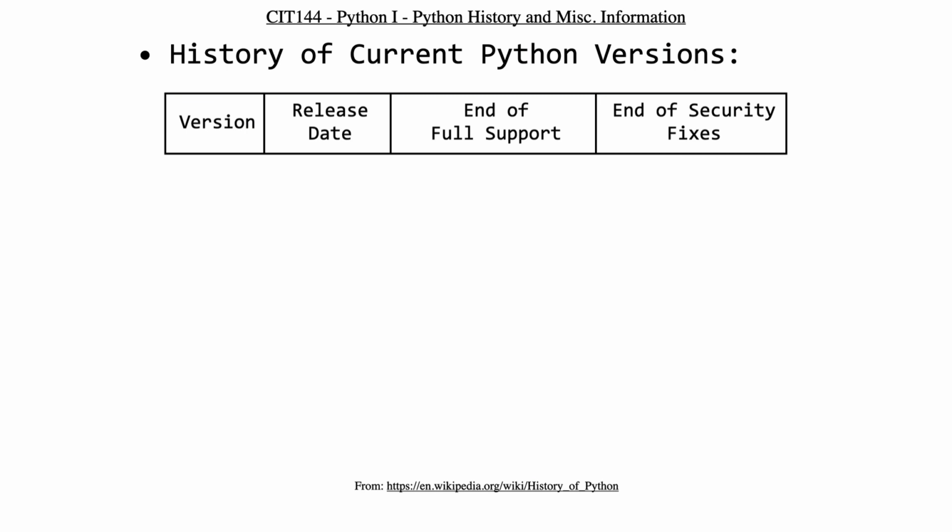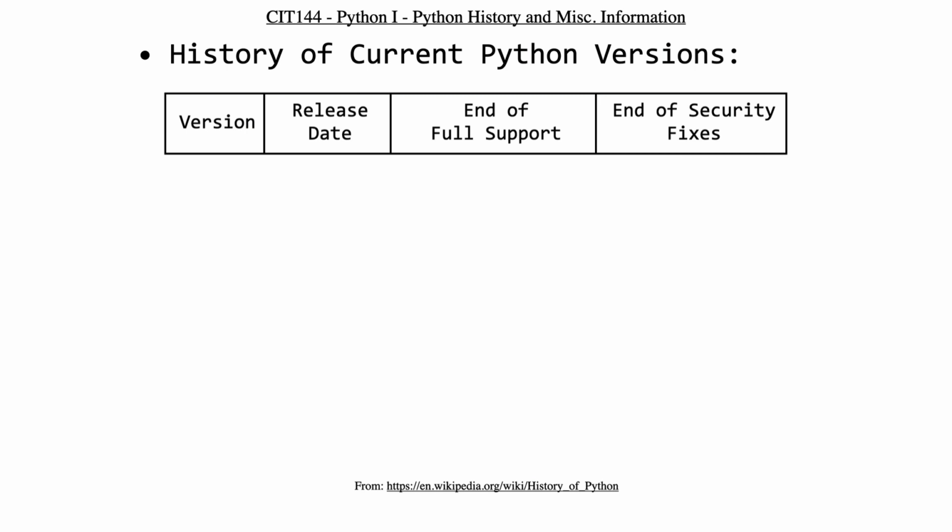So 3.7 was released in 2018, and end of full support was June 27th of 2020. I'm recording this about 2 weeks prior to the end of security fixes or end of life. So 3.7 has been out for a while, 5 years, and it is going to be end of life.